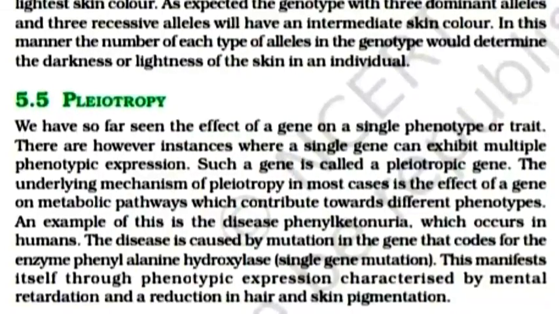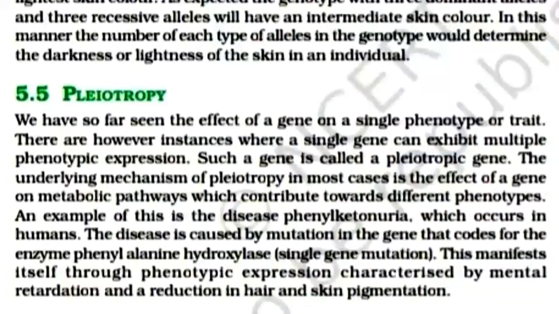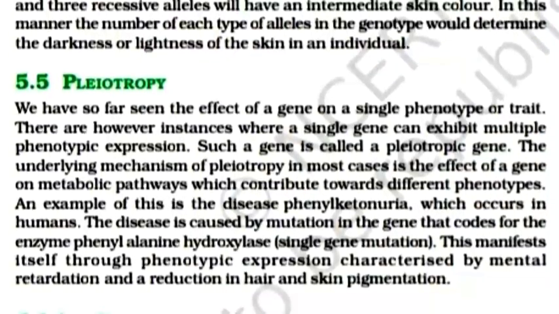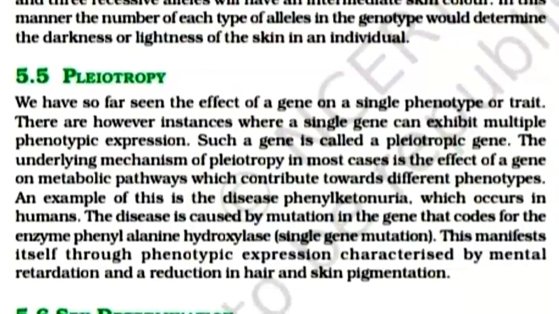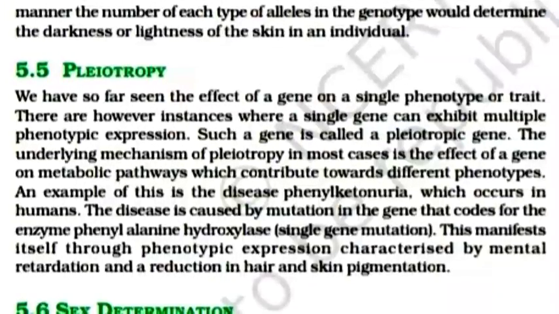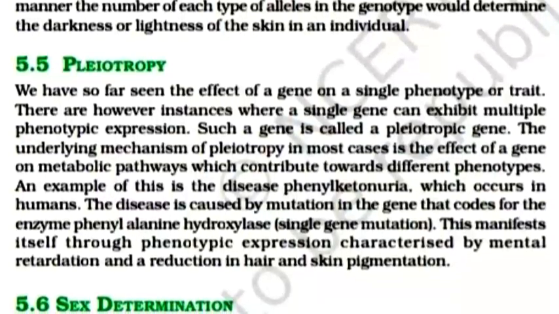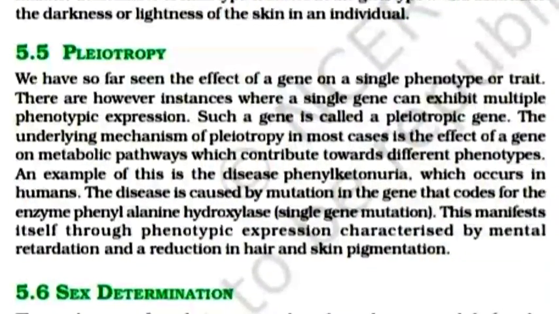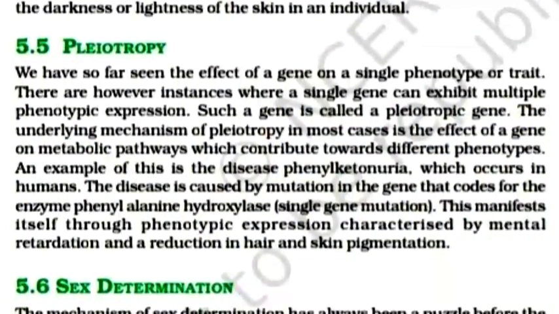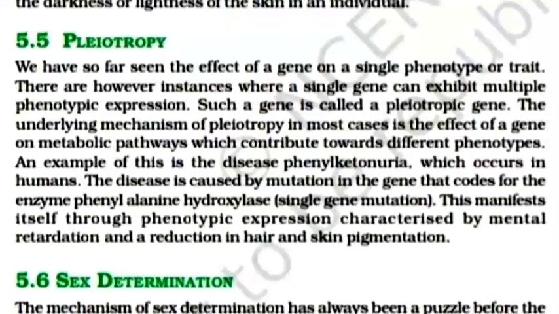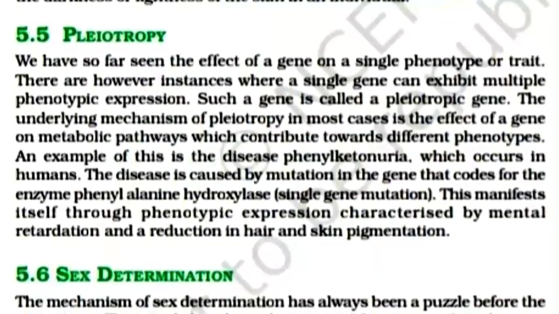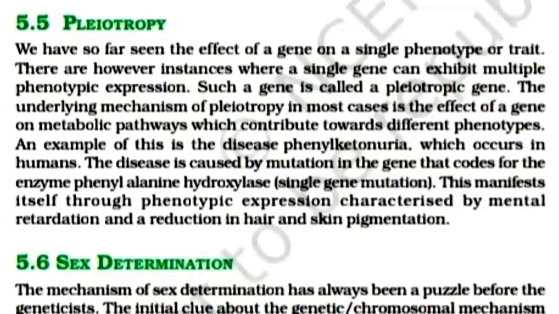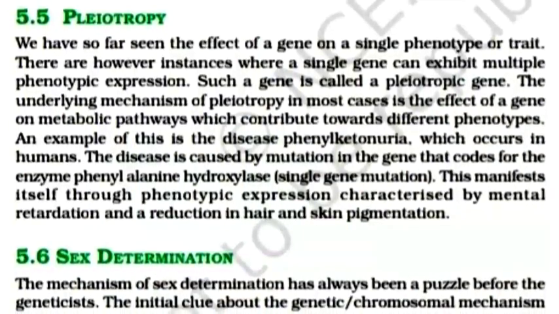Pleiotropy. We have so far seen the effect of a gene on a single phenotype or trait. There are, however, instances where a single gene can exhibit multiple phenotypic expressions. Such a gene is called a pleiotropic gene. The underlying mechanism of pleiotropy in most cases is the effect of a gene on metabolic pathways which contribute towards different phenotypes.